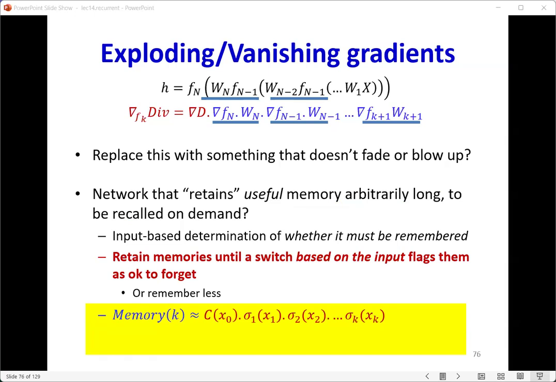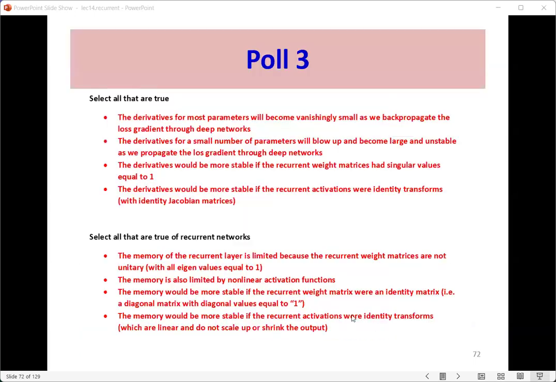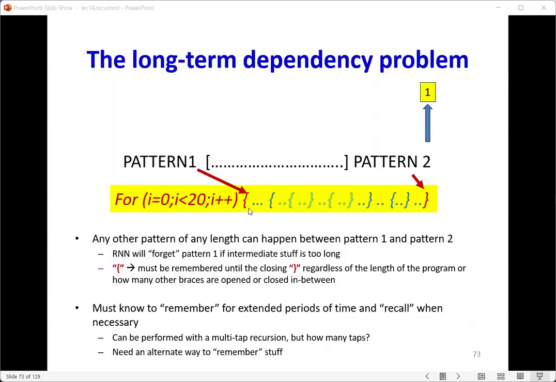This modification no longer has any weights or activations. If I encounter something at time 0, I stuff something in memory, and thereafter it's going to be modified based on analysis of further inputs. Going back to this example, once it encounters the curly brace, it's going to store it in memory.